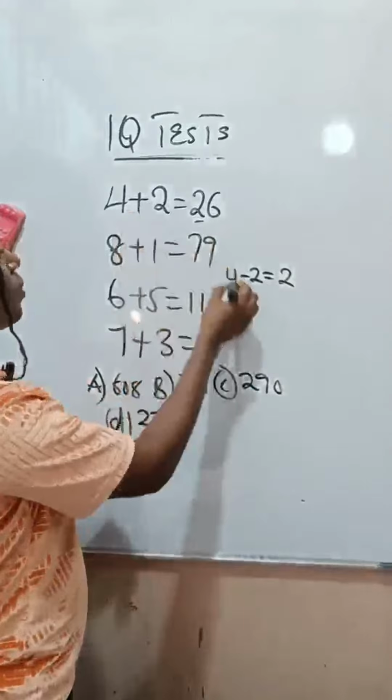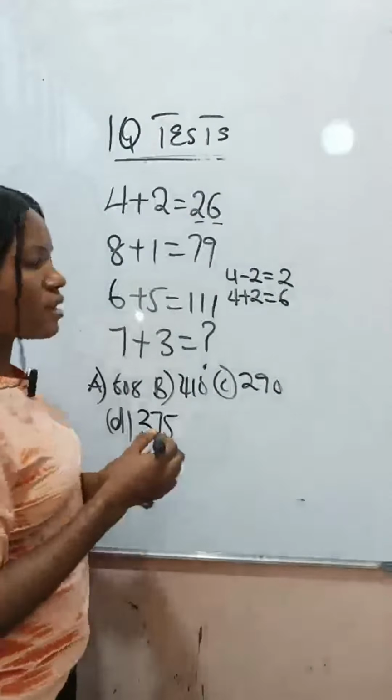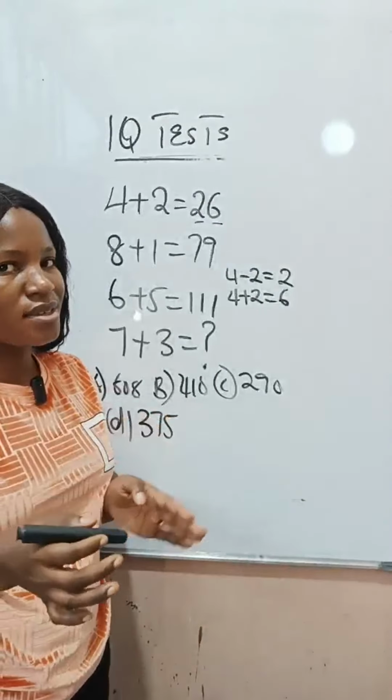Okay, 4 plus 2 equals 6, and that is the second number you are seeing here. So the answer is 26.